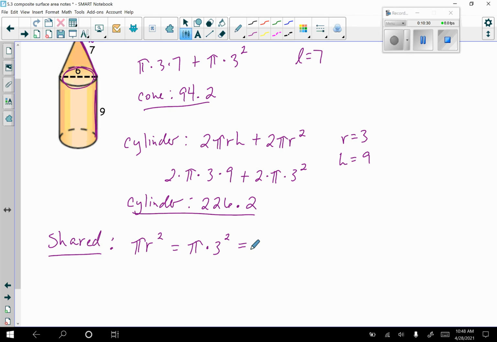And you'll notice a lot of times you're going to be subtracting out the base. For the cylinder, it's that circle. And if you have a prism and a pyramid, it's big B. So we have 9 times pi, because 3 squared is 9. All right, so we get 28.3.